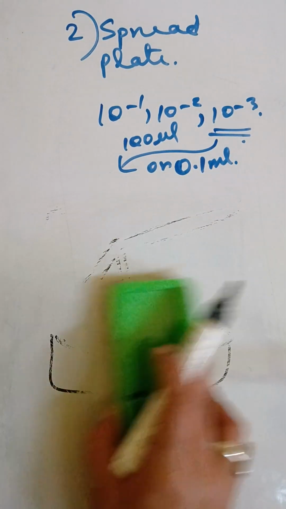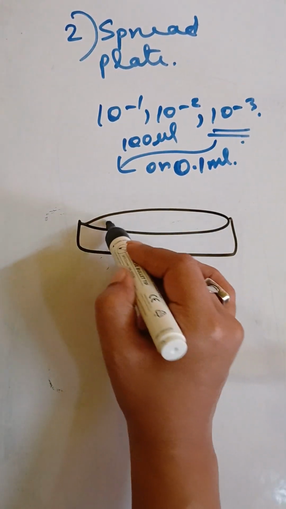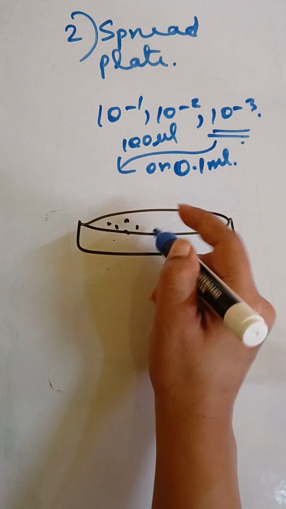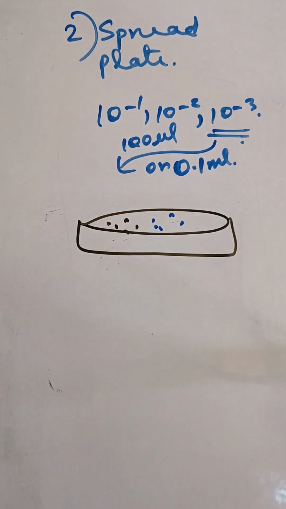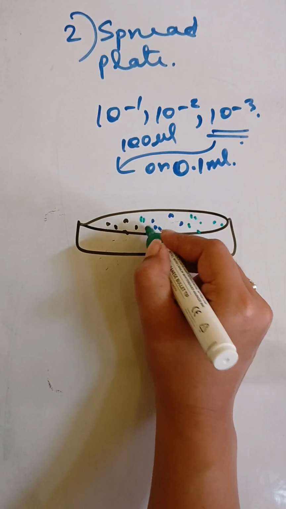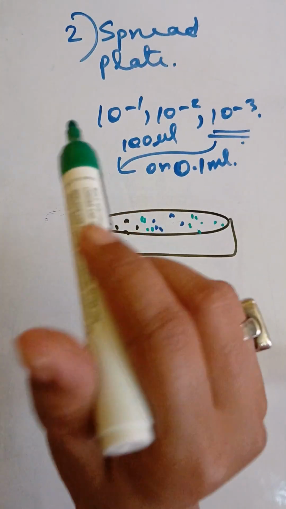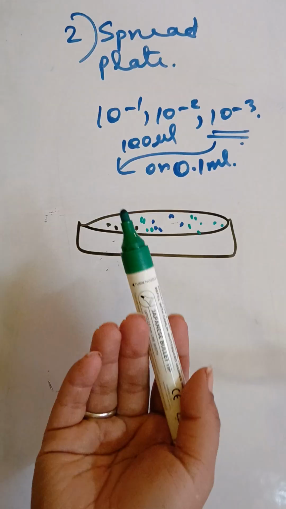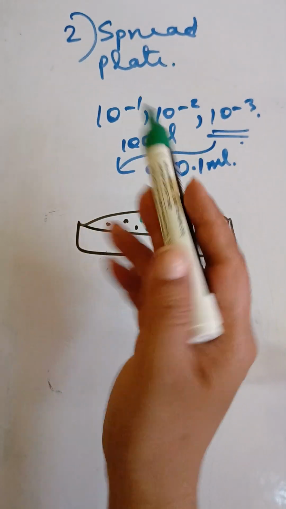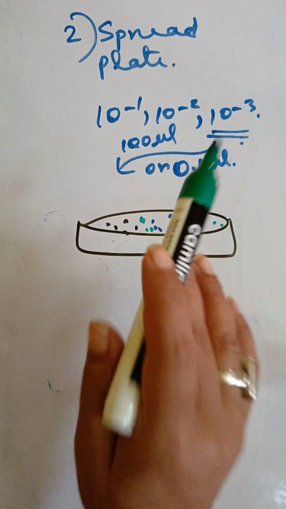And after incubation, what do we get? We get different types of colonies growing on the solid surface of the media. In the pour plate technique, the colonies are embedded within the media, and in the spread plate technique, the colonies appear on the surface of the bacterial growth media.